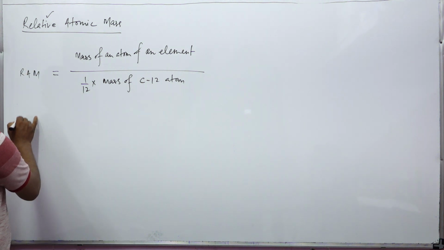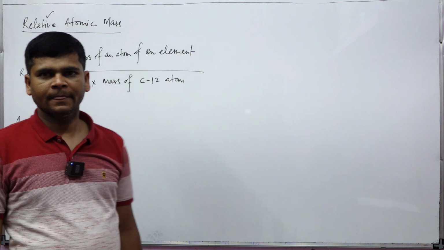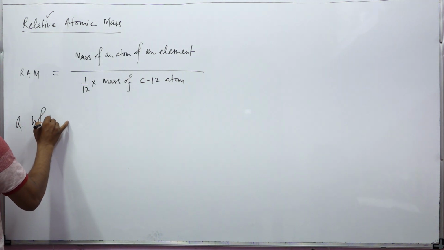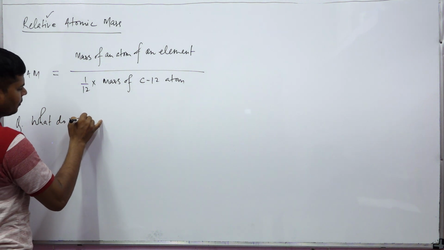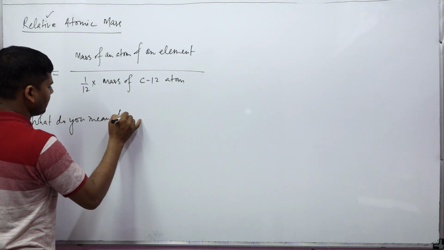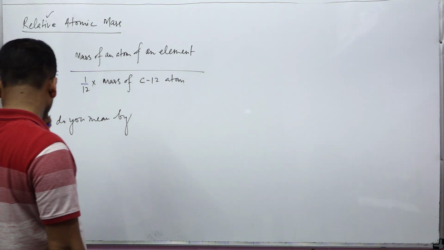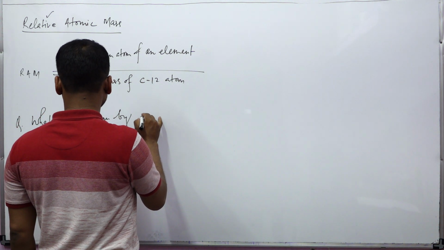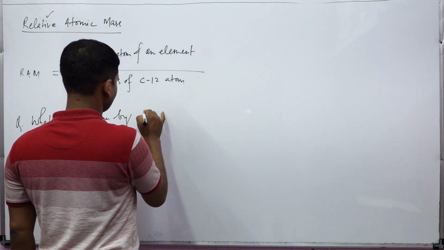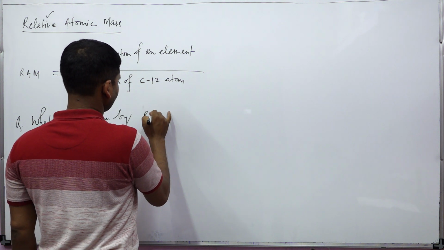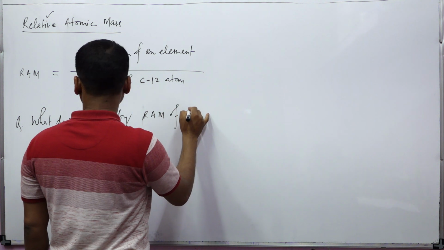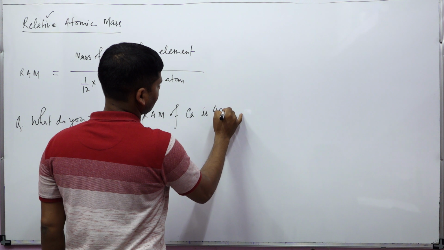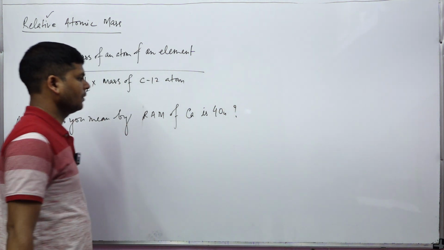Suppose you are given somewhere, what do you mean by relative atomic mass of calcium is 40 U? What do you understand?